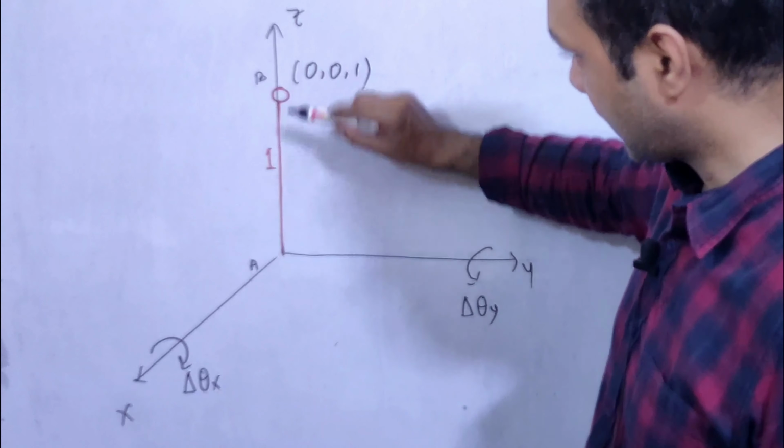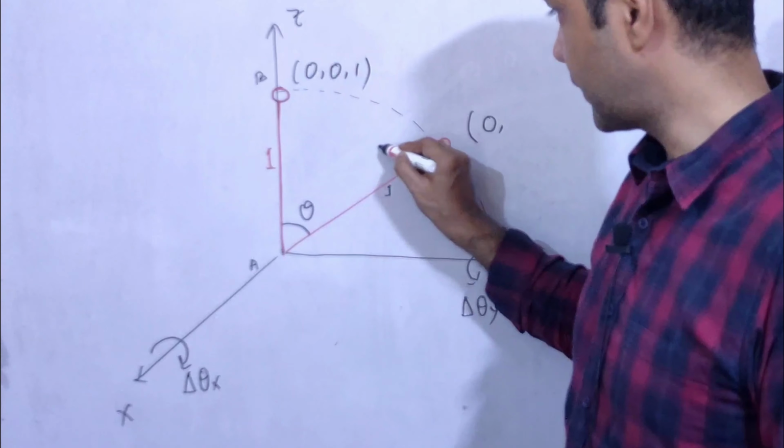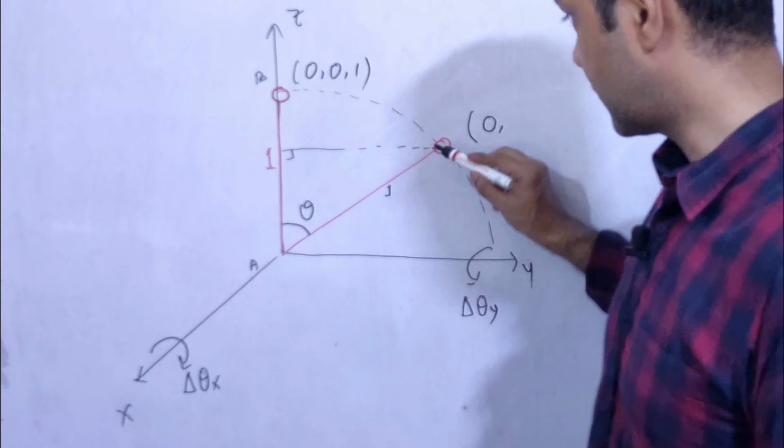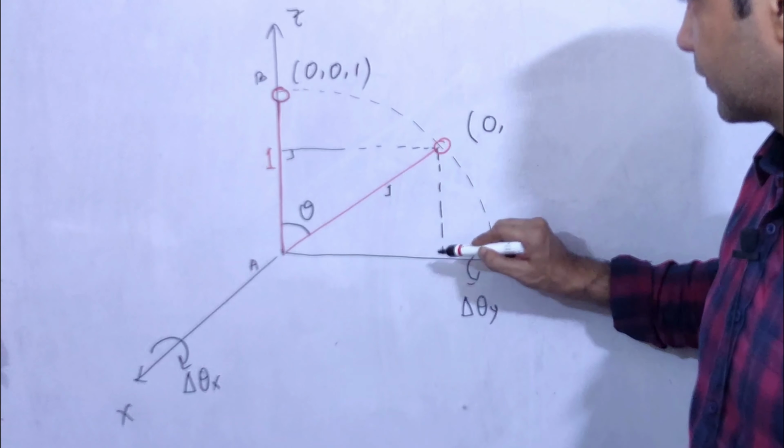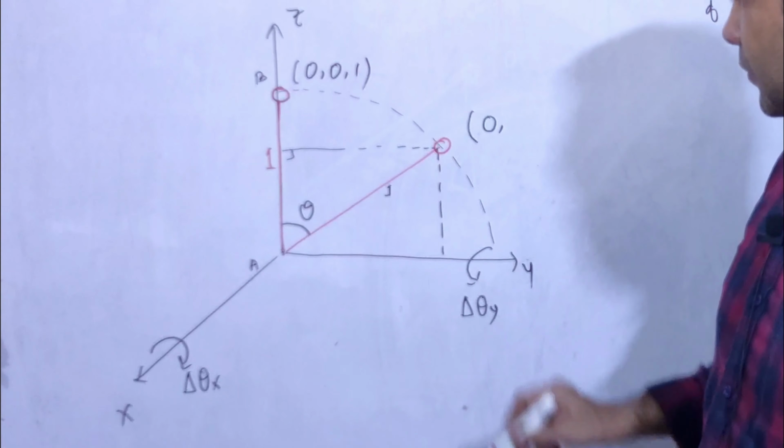So now what is the coordinate of this point? Because we have rotated about x-axis, this x coordinate has not changed, that is 0. Y coordinate, this length is 1, and if I make a perpendicular here and a perpendicular here, the length of this perpendicular is 1 sine theta, so that is sine theta, and this length would be cos theta.